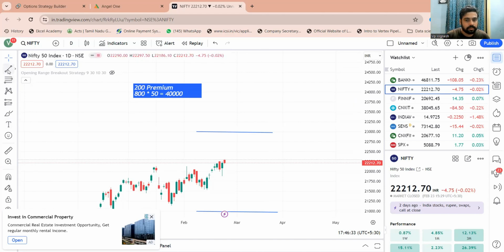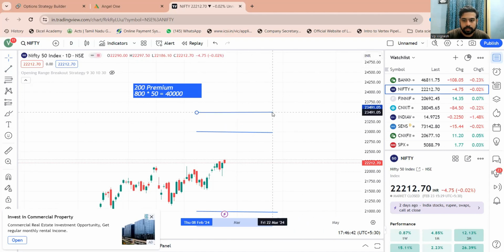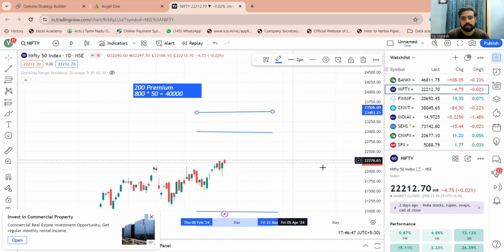But let's say you are buying something around 23,500 approximately. We'll just keep it here. So 23,500 is the strike price.